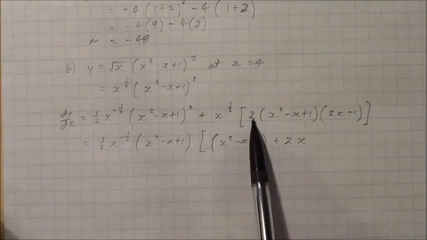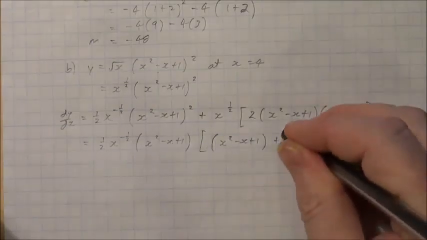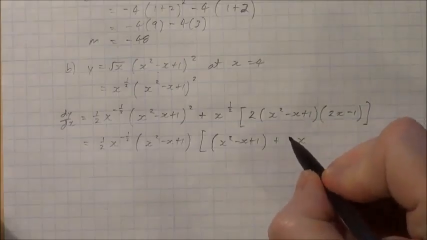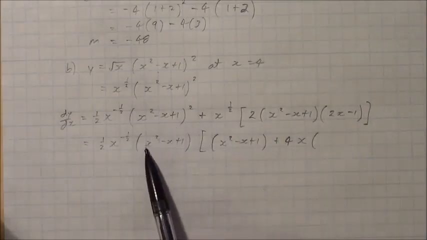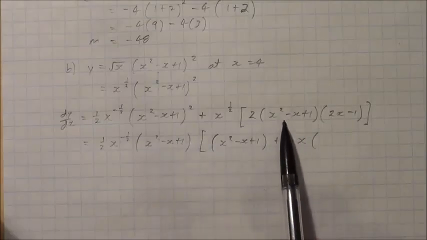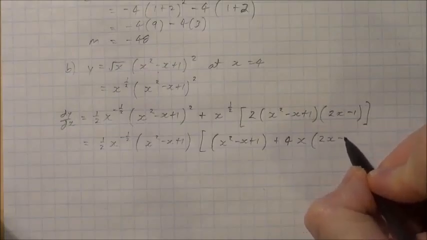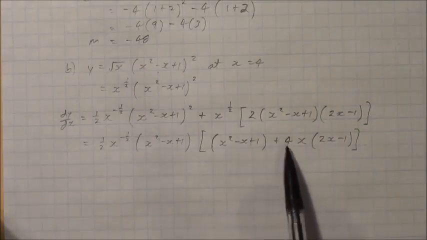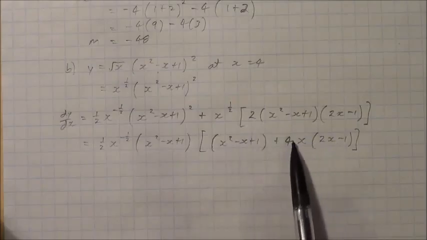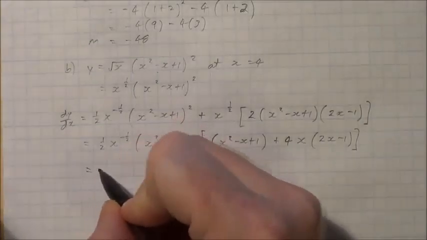Now I'm going to take this 2 and bring it out in front and multiply with that 2. So that gives me 4 now. I've factored out this x squared minus x plus 1, so that one's now gone, and I'm left now with 2x minus 1. Again, I could simplify and expand this, but why not?